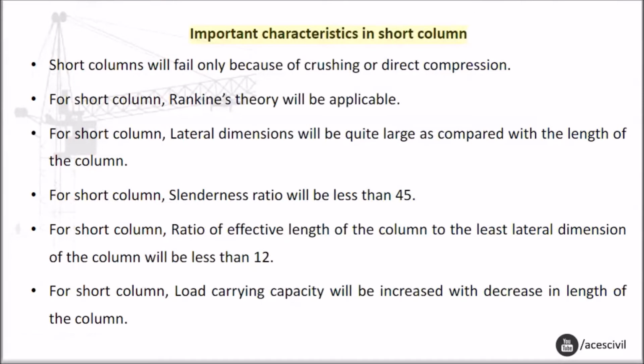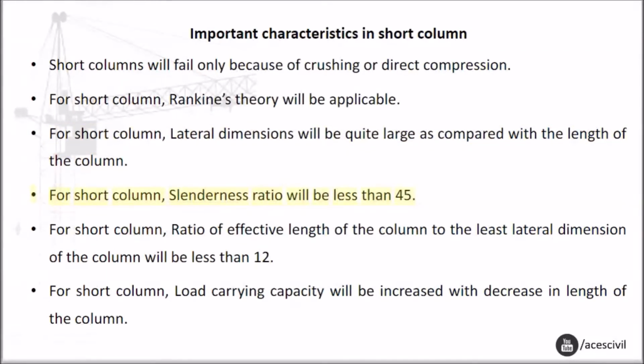Important characteristics in short column. Short columns will fail only because of crushing or direct compression. For short column, Rankine's theory will be applicable. For short column, lateral dimensions will be quite large as compared with the length of the column.